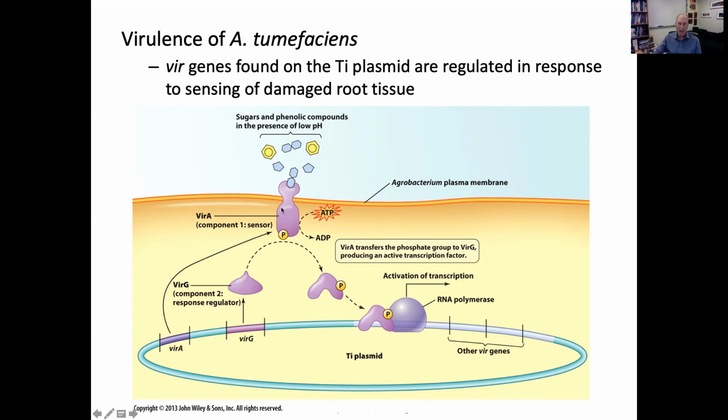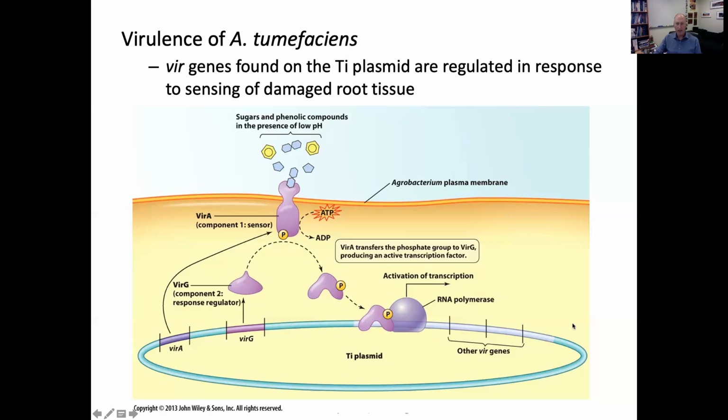These VirA, the sensor kinase, and VirG, the response regulator, are encoded on a large plasmid that's present in these Agrobacterium cells. Okay, those are the players in the regulatory system. These virulence genes are the ones whose transcription is turned on when VirG is activated.